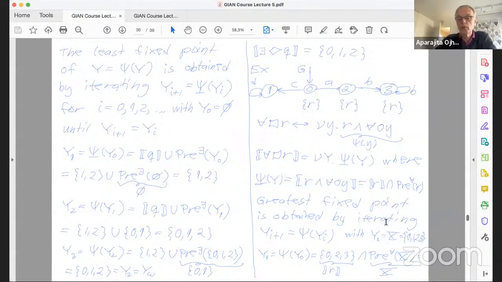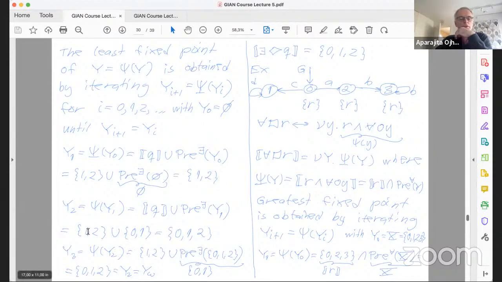And actually, we have already now got the answer, but we should also verify the fixed point. So that means that I will still make one iteration. So now I take psi of y2 to calculate y3.